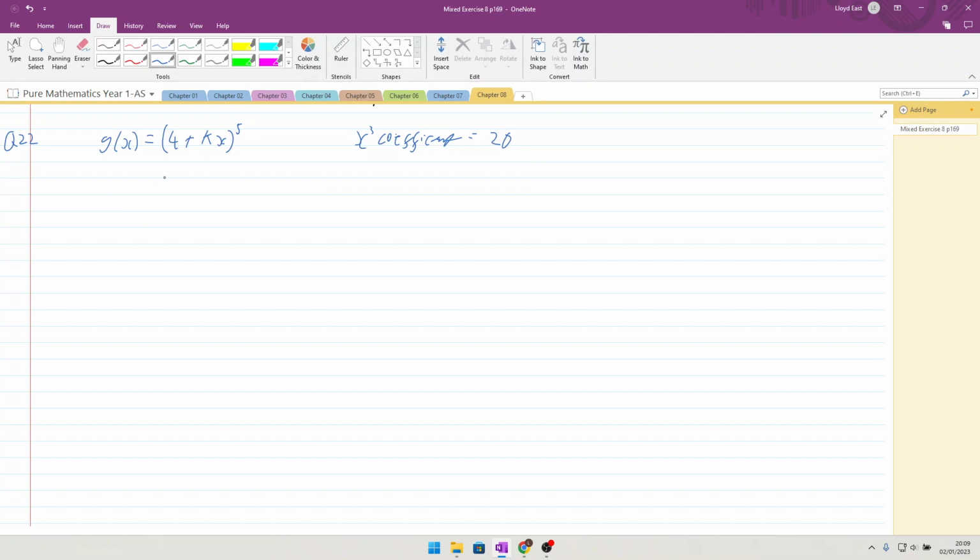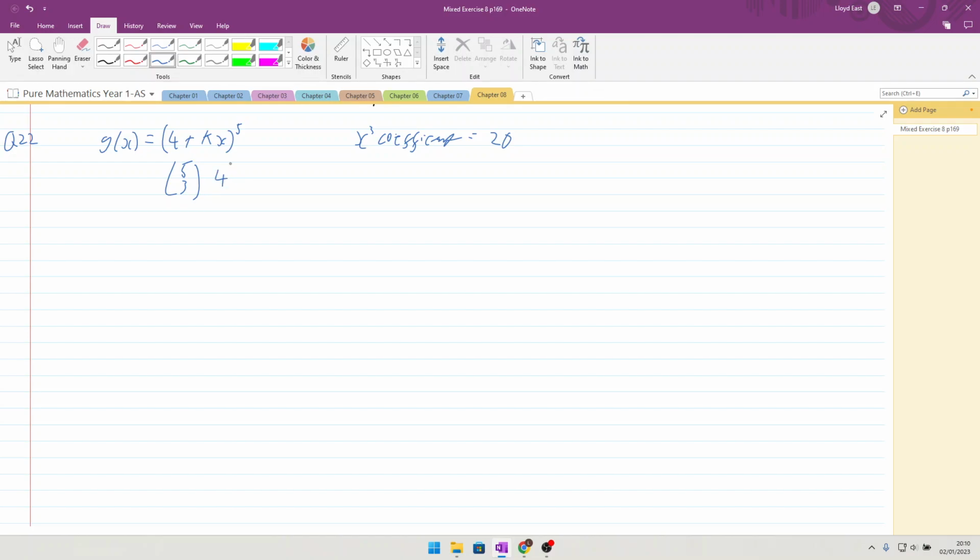Okay, so if we did the expansion, we would get the constant, then x, then x squared, then x to the power 3. So that's going to be 5 choose, starting at 0 for the constant, 1 for the x, 2 for the x squared, and 3 for the x cubed. Then we need to look at the 4.